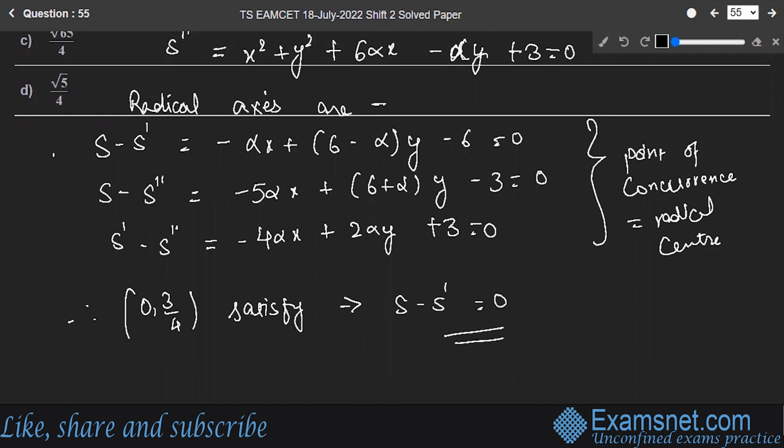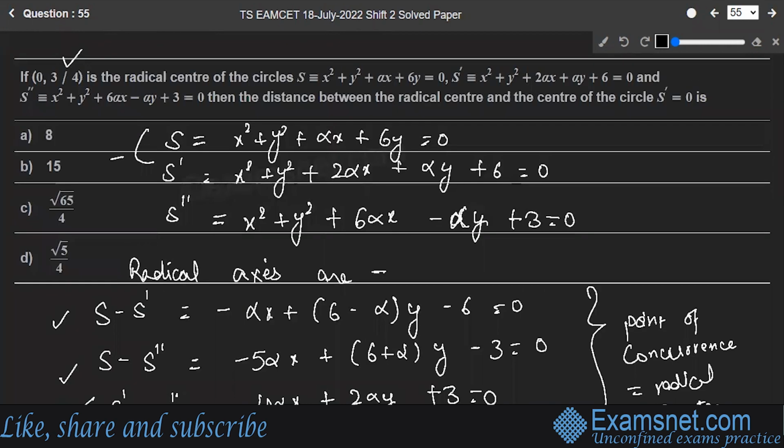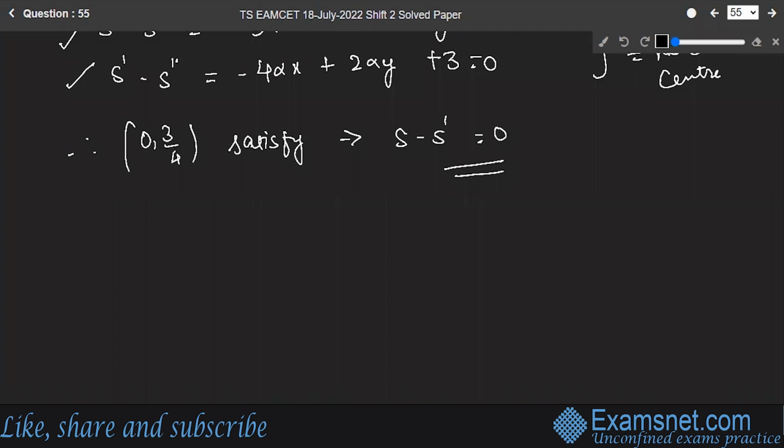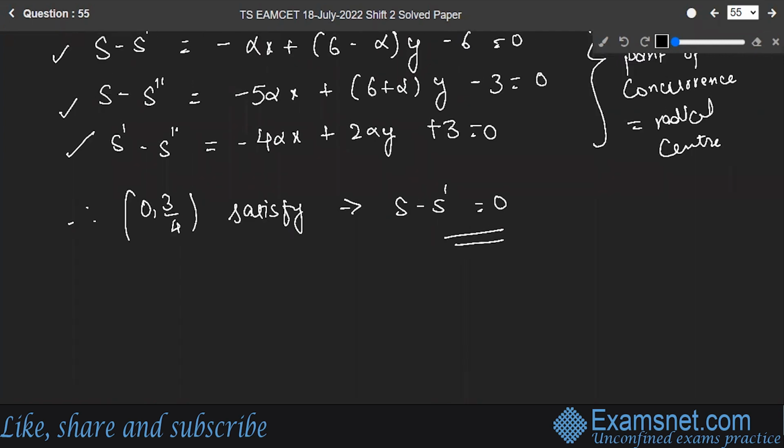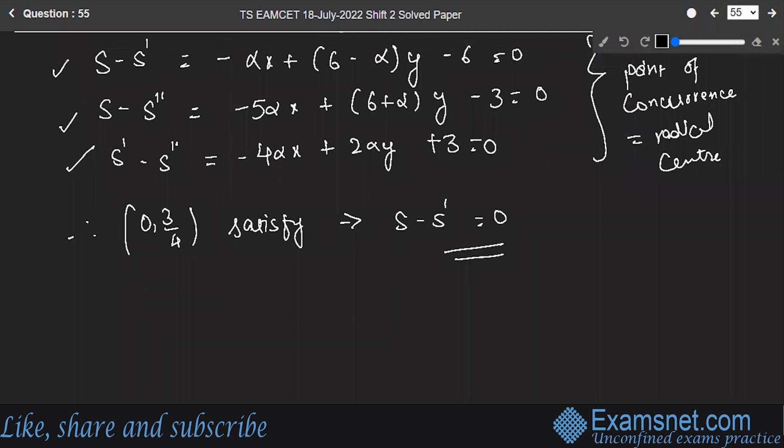Actually, this will satisfy all these three equations, but we are concerned about S dash equal to 0. So this will also satisfy S minus S dash equals 0. And what was that equation? It was minus alpha x. So minus alpha into 0 plus 6 minus alpha into 3 by 4.